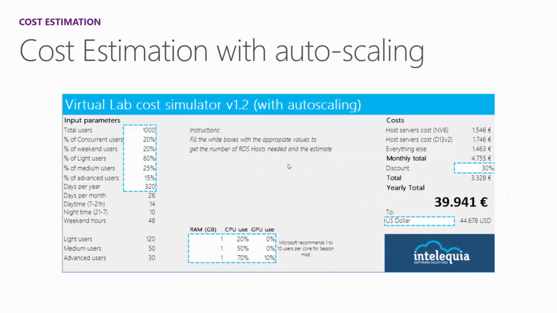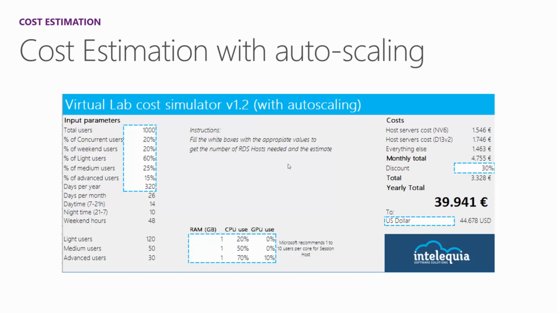So in this situation, if we assume that you have about 1,000 users and only 20% of them will access the application at the same time, and maybe out of those 1,000 users, 20% will come and work during the weekend, and the distribution is something like 60, 25, and 15 between light, medium, and advanced users, and you only work 320 days out of 365 days per year.